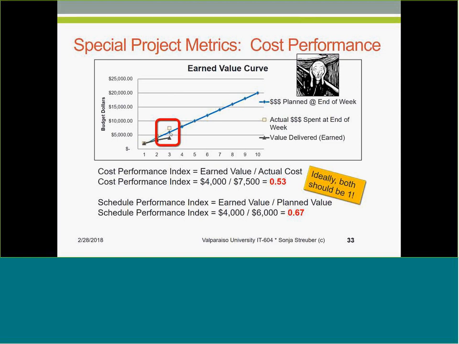One I have already mentioned earlier, which is the cost performance index. Cost performance index is calculated by dividing the earned value by actual cost. The earned value that we have calculated for week 3 was $4,000. We divide by the actual cost that we paid for this work, $7,500. So our cost performance index is 0.53.